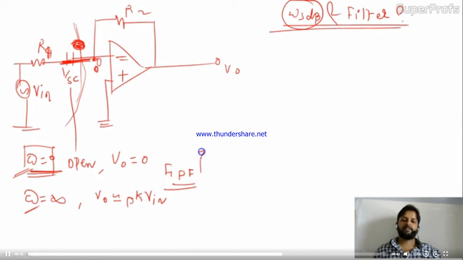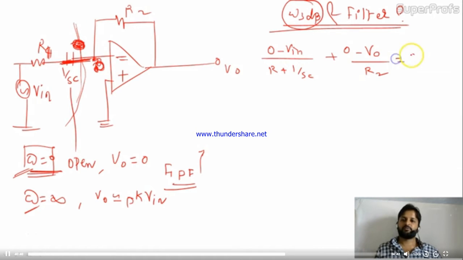And the same thing we can cross check with the expression of the transfer function. Now let's do it for the transfer function, because we have to find out the omega 3 dB. Here it's a 0. So 0 minus Vin divided by R plus 1 by SC equals 0 minus V naught divided by R2.